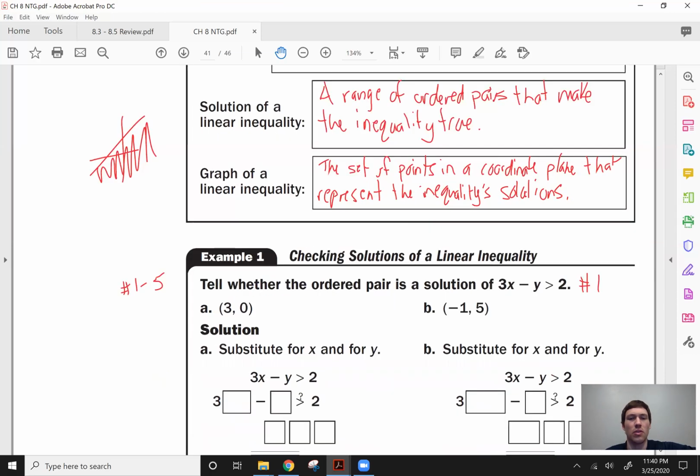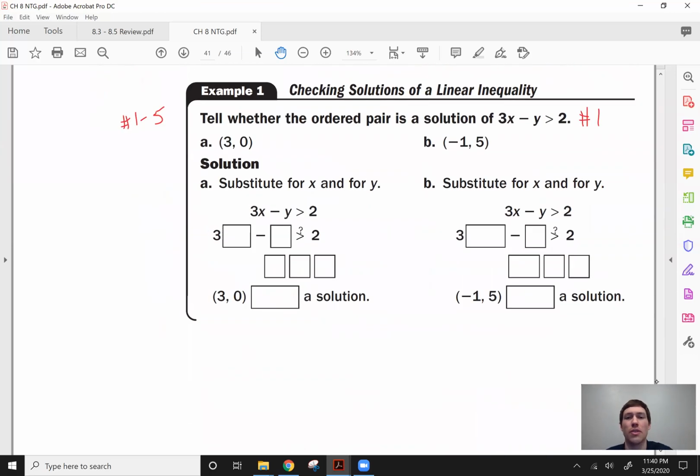Okay, so on 1 through 5 on your homework, it's going to ask you to check the solution. So, for example, on this one, it's asking is (3, 0) a solution? Remember, the first value is always x, the second value is always y.